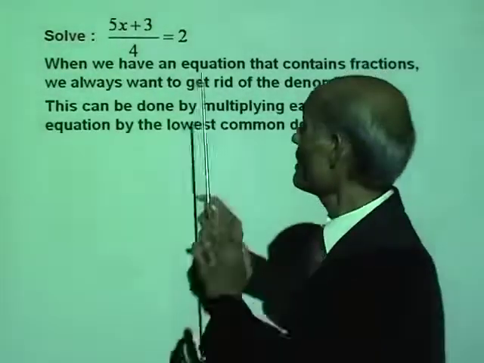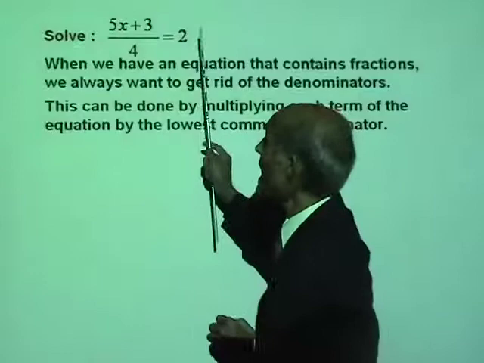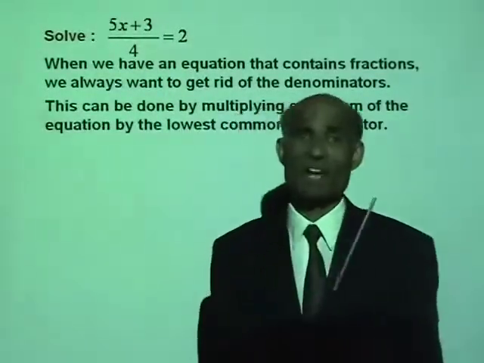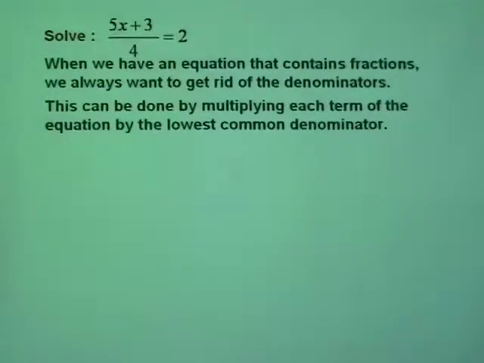Now, here the equation is simple. Tell me, how many terms are there on the left side? I know you may have a difficulty telling me that. Now, I'm going to write this down. 5x plus 3 all over 4.